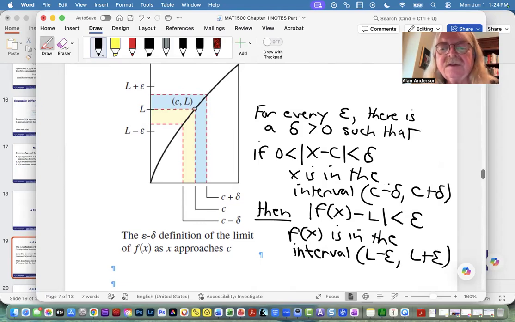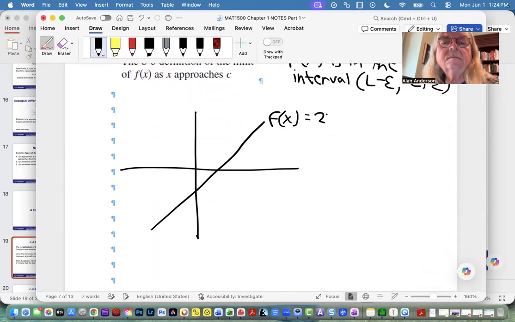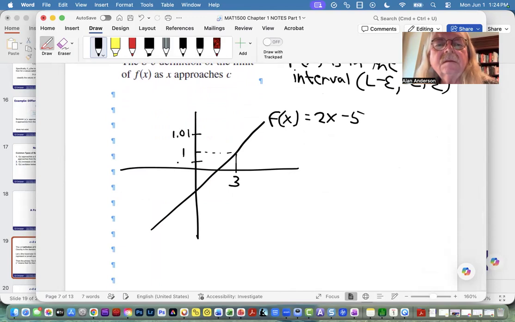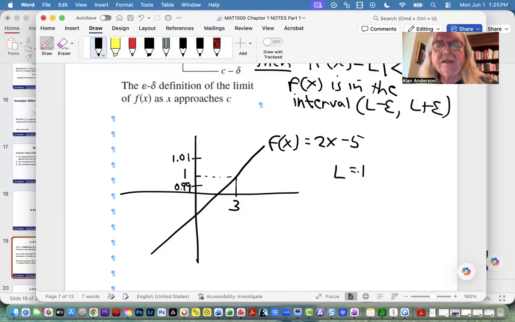So let's pick the numbers. In other words, we're going to choose this interval between 0.99 and 1.01, which means L is 1 and epsilon is 0.01.